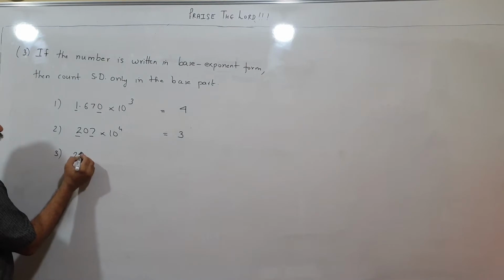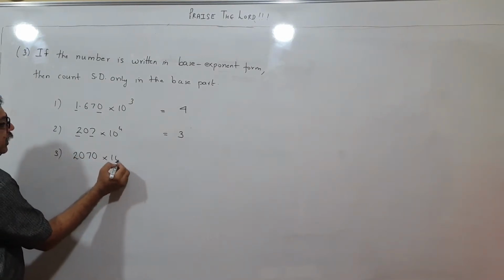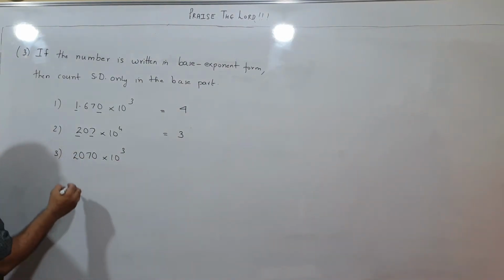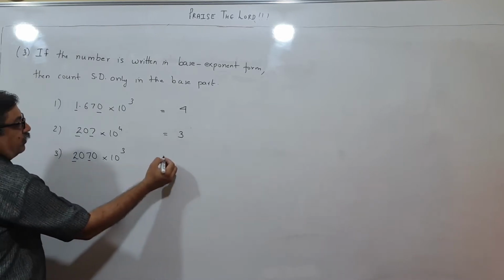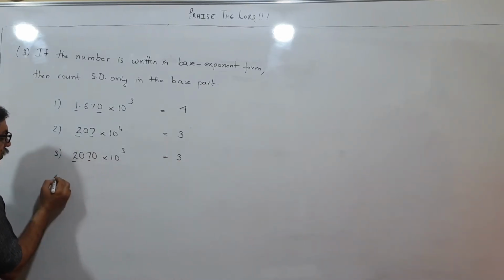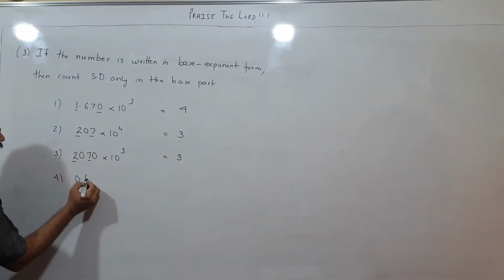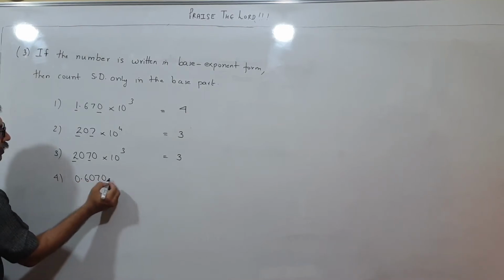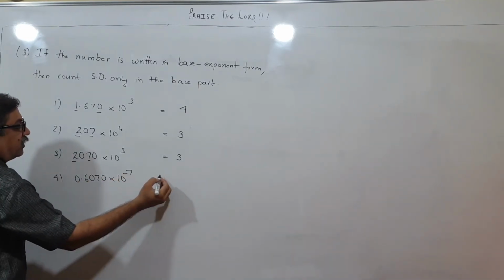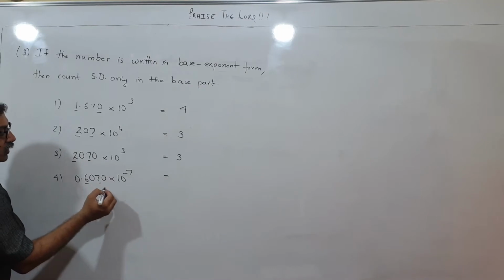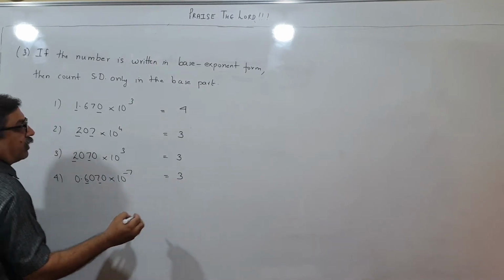If I have a number like 2070 into 10 raised to 3, from first non-zero to last non-zero, that will be 3. If I have 0.6070 into 10 raised to minus 7, from here to here, that will be 3 only.